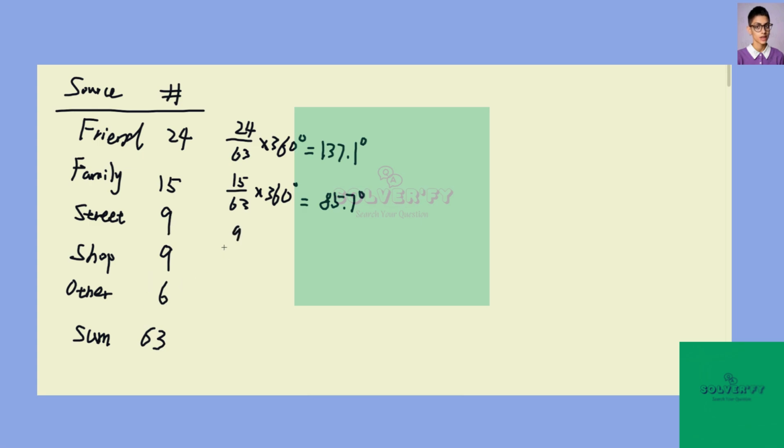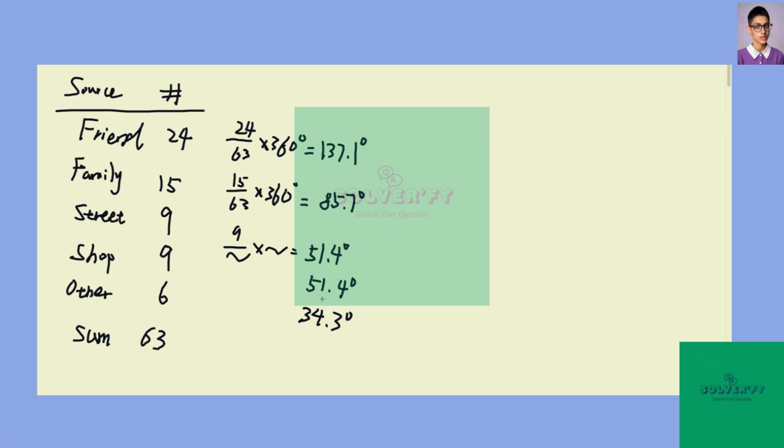For example, 9 over 63 times 360 degrees gives us 51.4 degrees. And the next one has the same base number, so it will also be 51.4 degrees. And for the last one, it is just 6 over 63 times 360 equals 34.3 degrees.